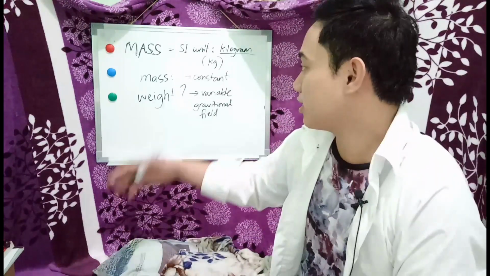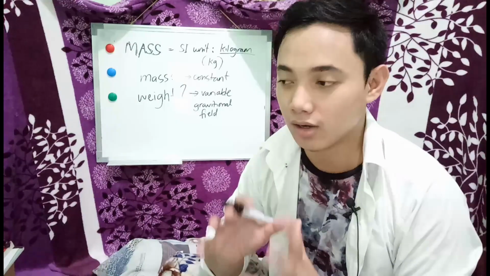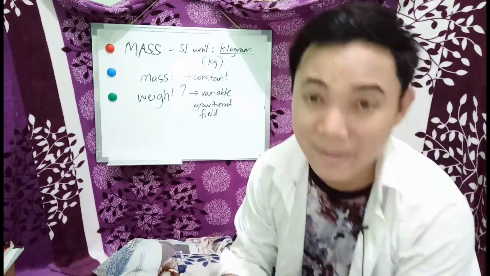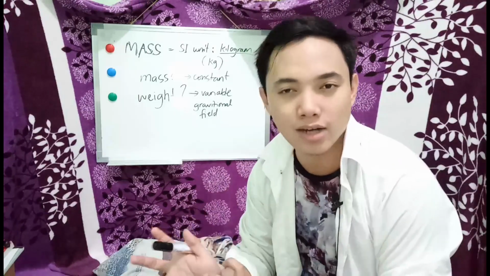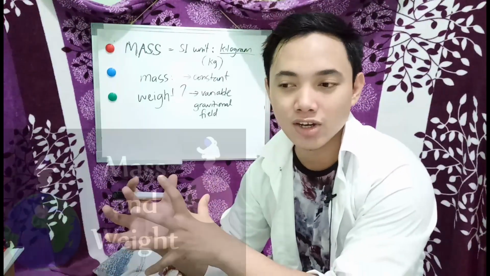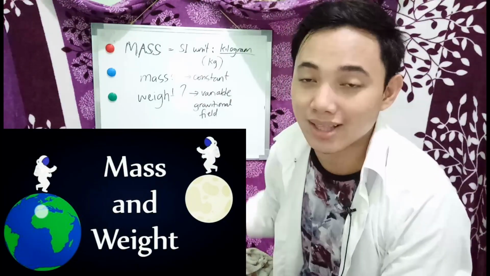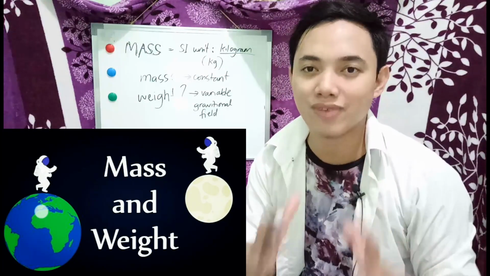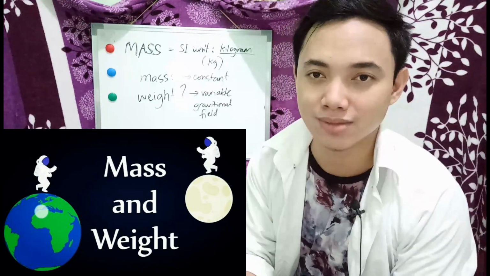So, again, the difference with mass is constant. Yung quantity of an object, quantity of matter an object contains. So, constant lang yun, hindi nagbabago. Let's say, 5 grams, nandito. Lipat mo siya, 5 grams pa rin. Well, the weight, example, sa moon.